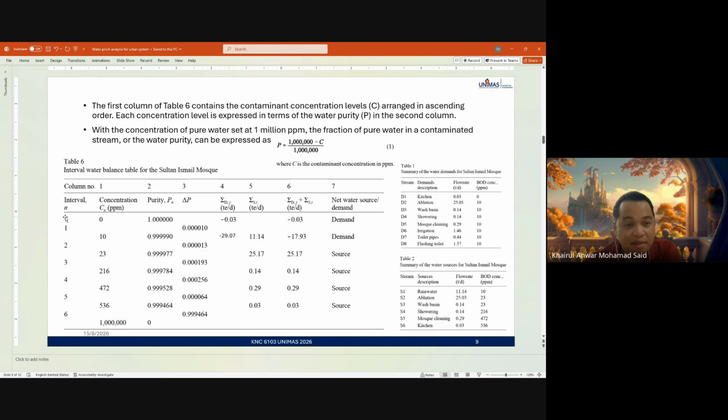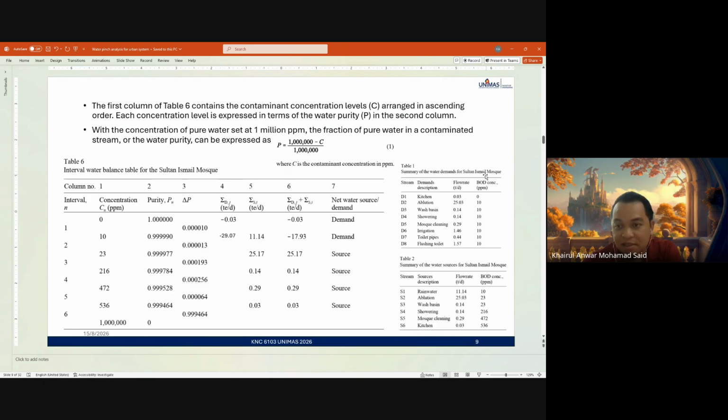Since it's an interval, it is in between. If you use level, it's aligned with the value. So this is interval, and then the concentration is in ascending order.